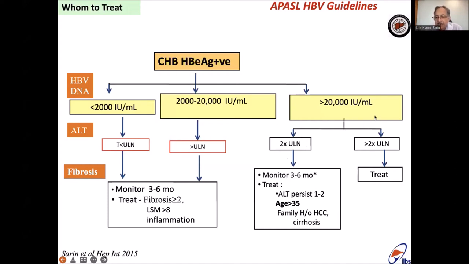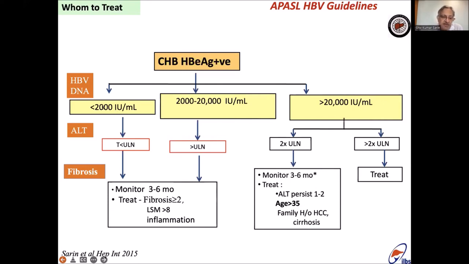Not really interferon. Now you can give interferon because ALT is high. Sorry, you can treat this guy with interferon. Here, the patient has got 2 times upper limit of normal of ALT. You can monitor, but if he is above 35, treat him.